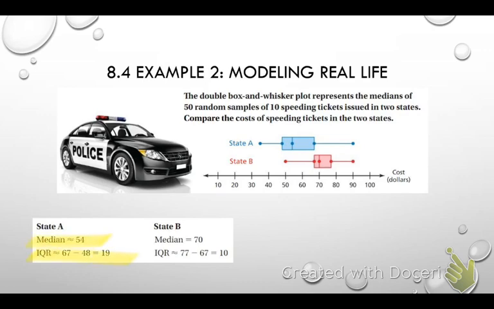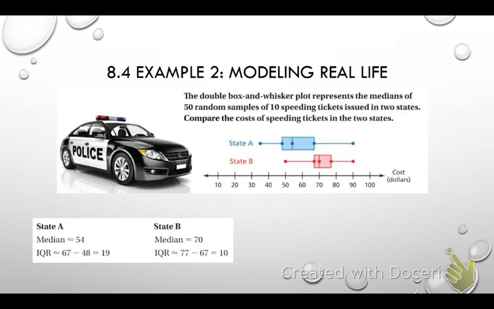What if I were to just give you this information? Okay? So I've taught you, up to this point, the middle point, yeah, it's about 54. You can follow the box and whisker plot. And the median for state B is 70. But what does that mean? Okay, so let's read back on the example. The double box and whisker plot shows the medians of 50 samples of speeding tickets.